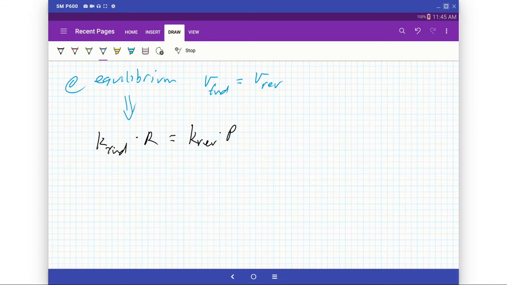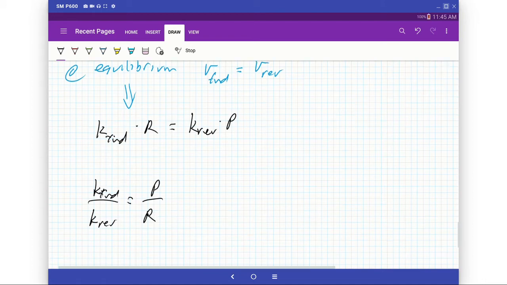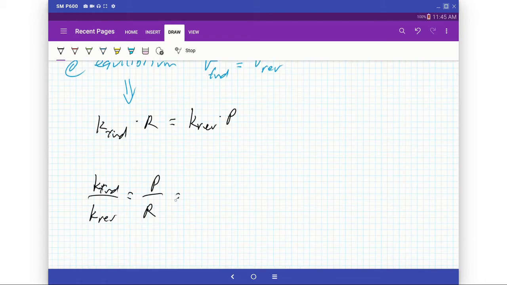The rates are equal. I can rearrange this to get k forward over k reverse is equal to P over R. And because the rate constants are exactly that, they're constants, a constant divided by a constant is just another constant. And we call that constant, capital K, the equilibrium constant.